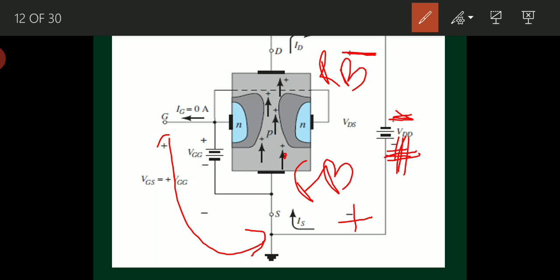So the reverse bias is high here. And now I am applying VGG, some positive value, means VGS is some positive value. The positive terminal of VGG is connected to the N-type semiconductor substrate, which is the gate here. If an N-type semiconductor is given to the positive terminal of a battery, it reverse biases the gate terminal.